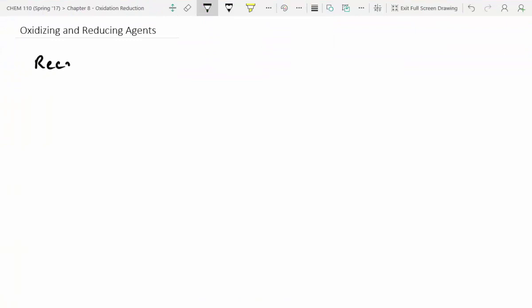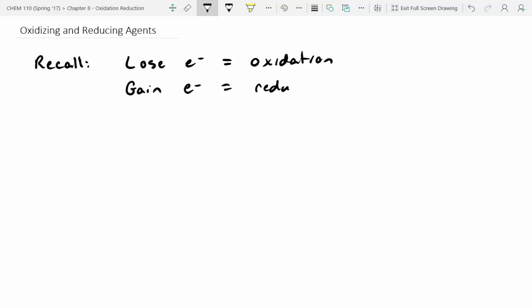But before we do that, let's define oxidation and reduction again. So anytime we lose electrons, it's an oxidation. Anytime we gain electrons, it's a reduction. Not too bad.